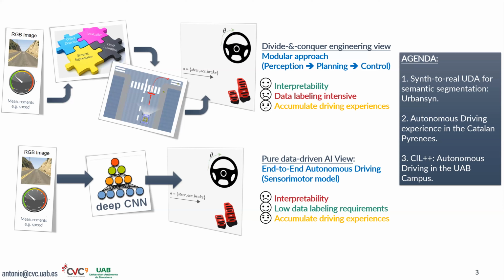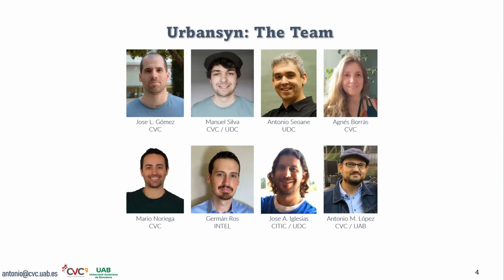So we said, okay, we are coming from the Computer Vision Center in Barcelona, so we have to focus on cameras, and let's do approaches, procedures, whatever, that allow us to minimize labeling effort. And one of the first things was to use synthetic data, obviously. But other things are just to go for approaches that don't need labels, which removes the problem from the beginning. And the talk of today is covering a bit what we have done in these topics in the last years. So let's start with the first thing.